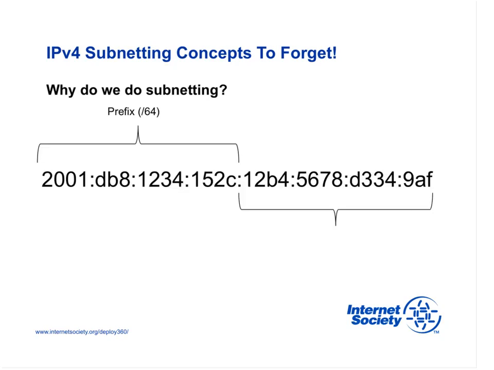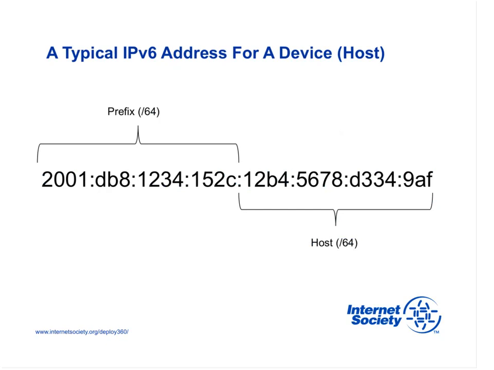A typical address, as Kevin talked about earlier, has this form, and I just made up this IPv6 address here. You can see you've got 64 bits as the first part, which is the prefix. What we think about in IPv4 speak as the network portion, we call the prefix in IPv6.